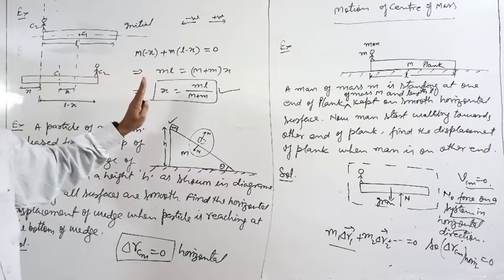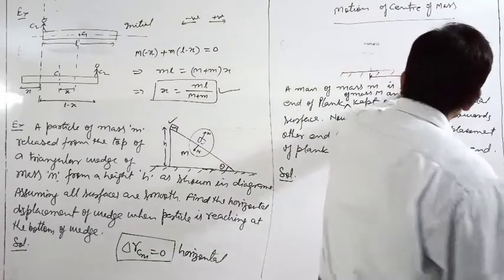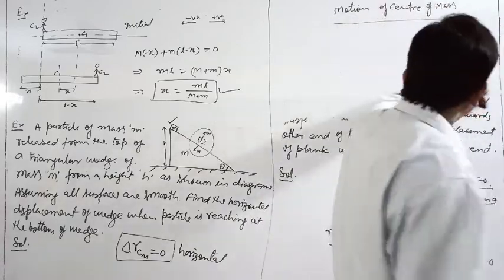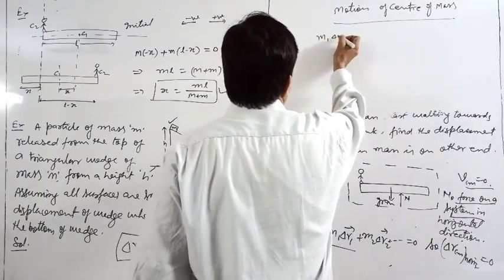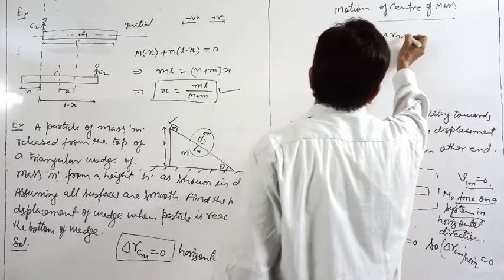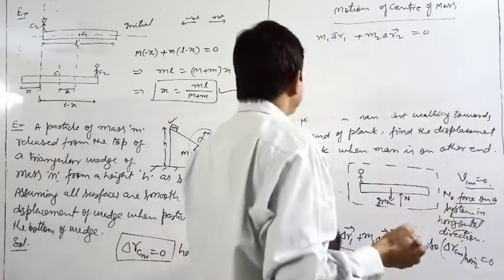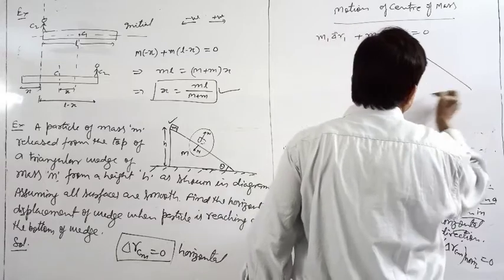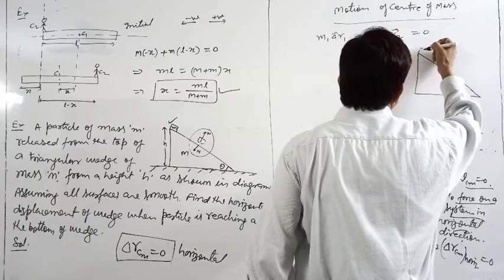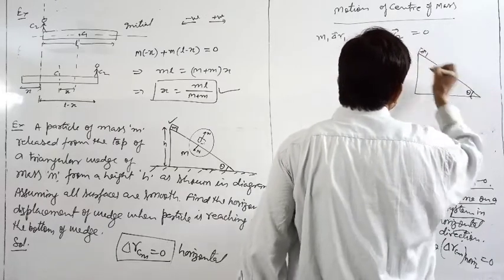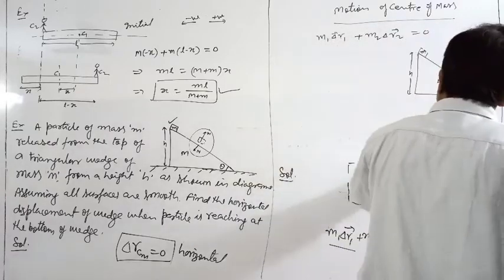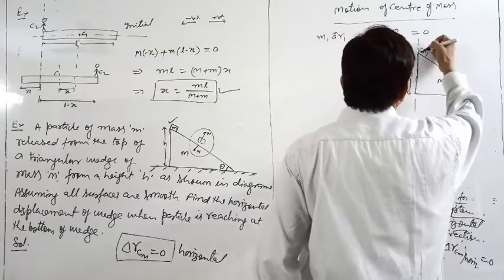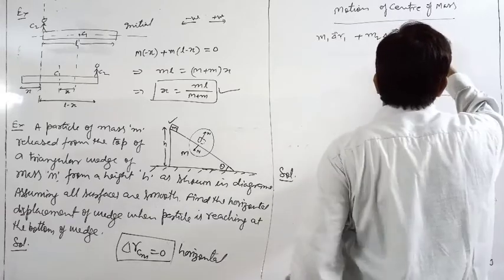Same process we will do here also. Our relation will be M1 delta R1 plus M2 delta R2, but we have to write it in the horizontal direction, equal to 0. See, first this is the initial position. The block is here, the wedge of mass capital M, angle theta, height h.